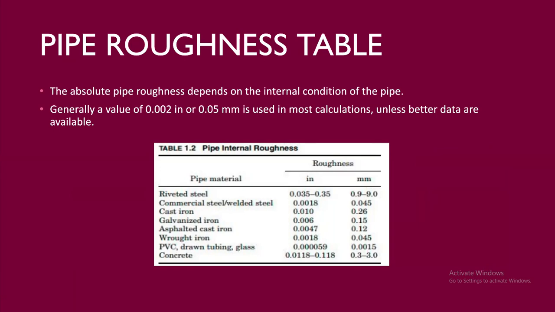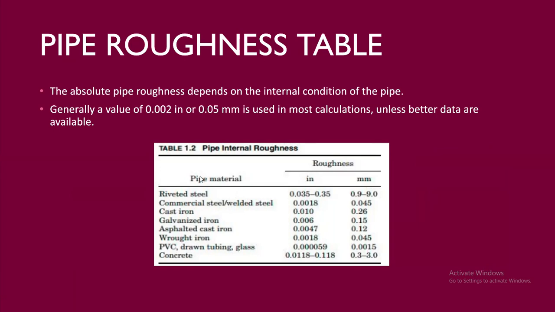So the absolute pipe roughness depends on the internal condition of the pipe. What does it mean? Sometimes the pipe roughness is different for a new pipe versus one which is scaled.